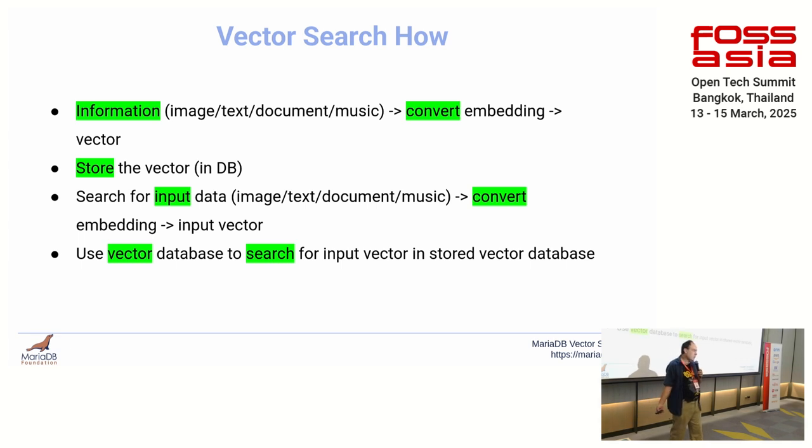The vector is stored in the database, and to search it, we put input data from the user through the same embedding transformation and get an input vector out. After that, it's the responsibility of the database to search for which vector is closest to another vector in the database. So the database itself doesn't actually know about the model at all.